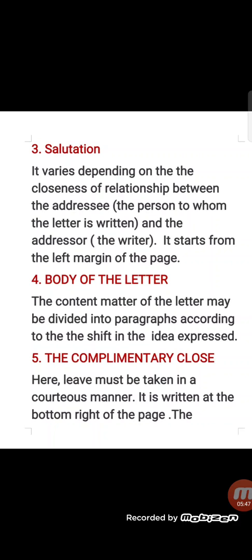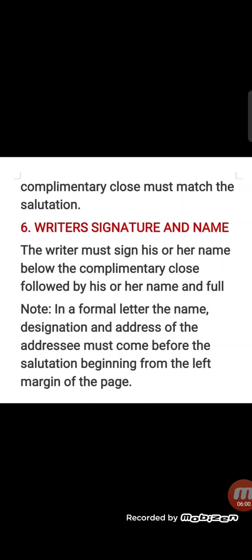It is written at the bottom right of the page, at the last of your page. The complementary clause must match the salutation.